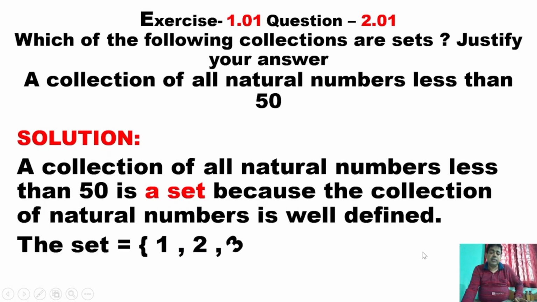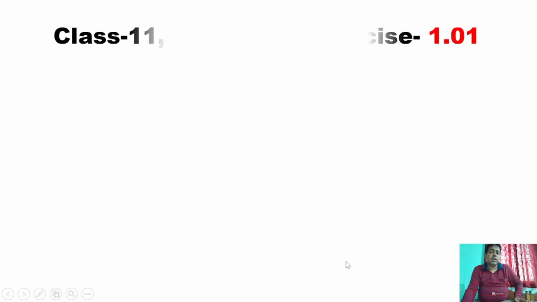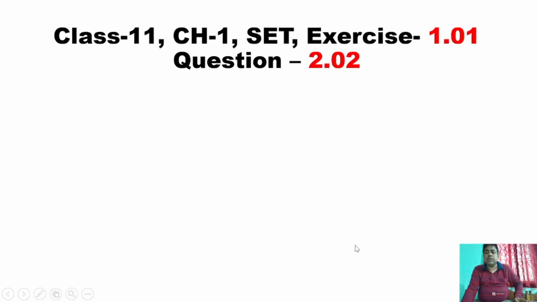As you can write the set as 1, 2, 3, up to 48, 49. Thus the collection of all natural numbers less than 50 is a set. Understand?